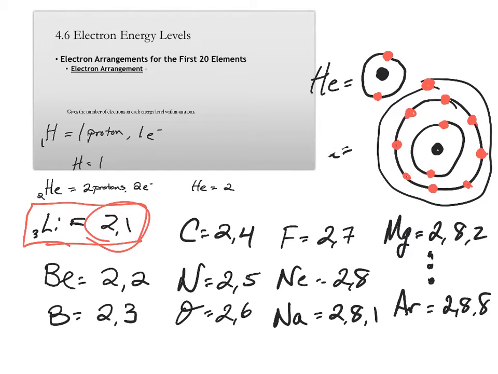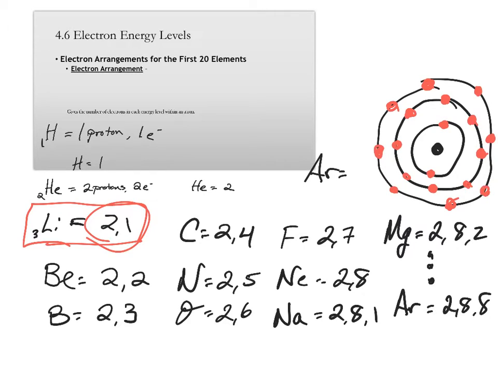So if I'm drawing argon over here, a noble gas, you have, in that third energy level, 1, 2, 3, 4, 5, 6, 7, and 8.